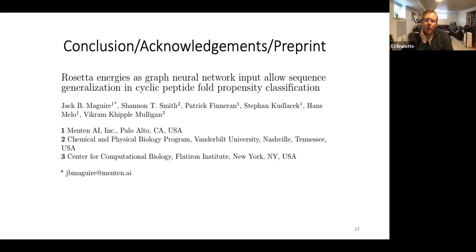Sure. If you applied this to your input data set, your 10,000 designs, what features do you see enrichment in the output models that would pass?